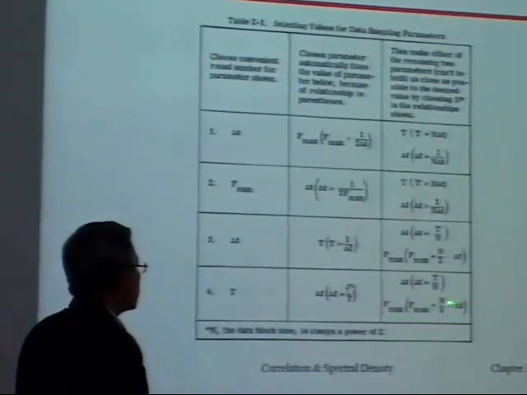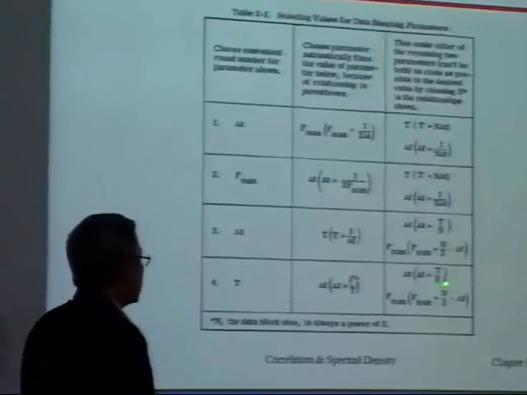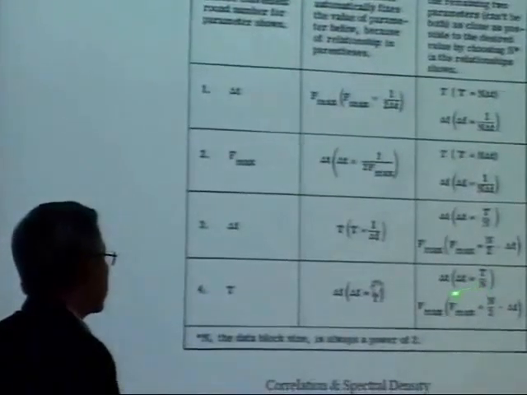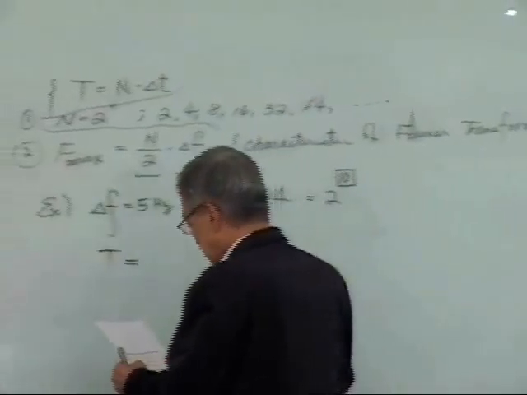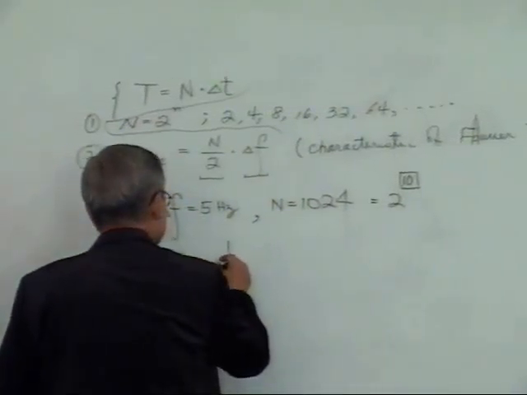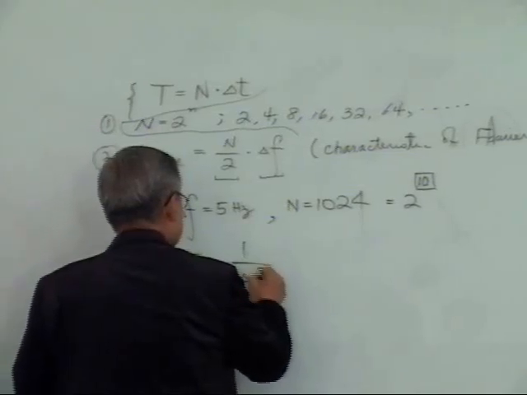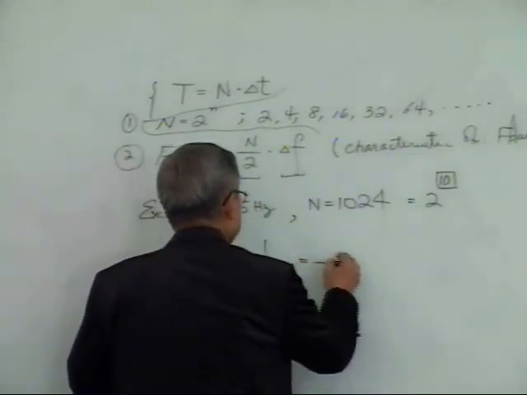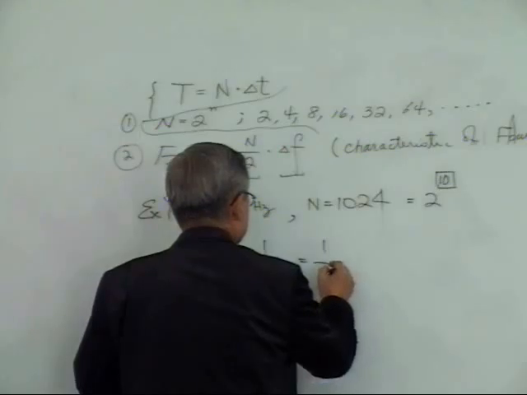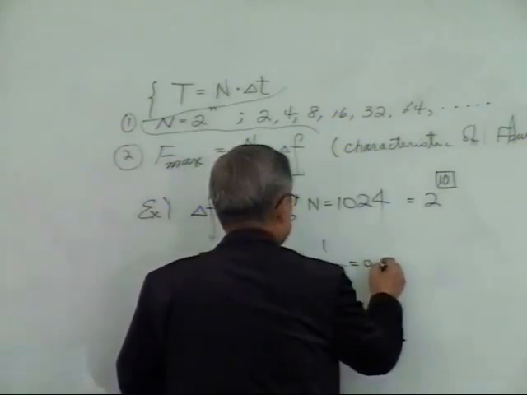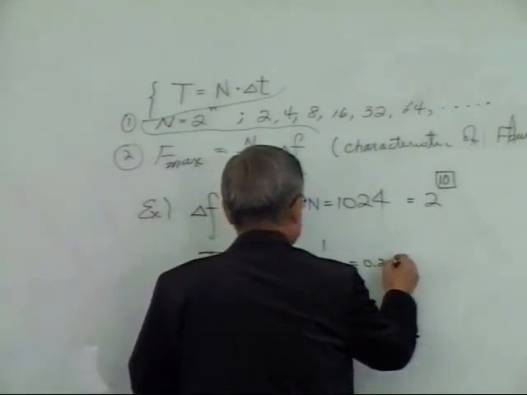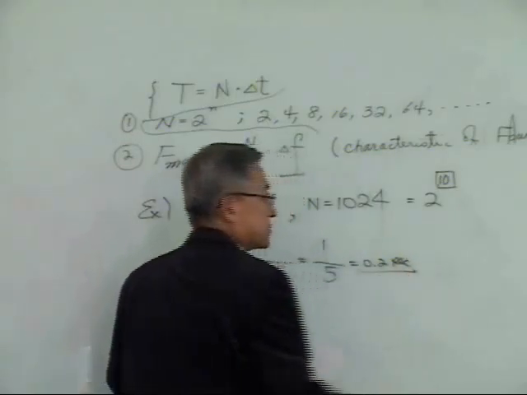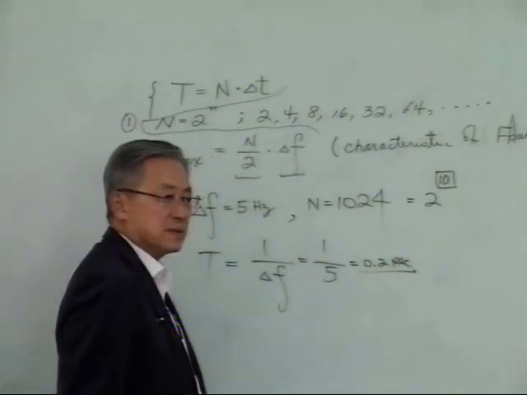Total number of data points is available. So T is equal to 1 over delta F, which is 1 over 5, 0.2 second. It's automatically determined.